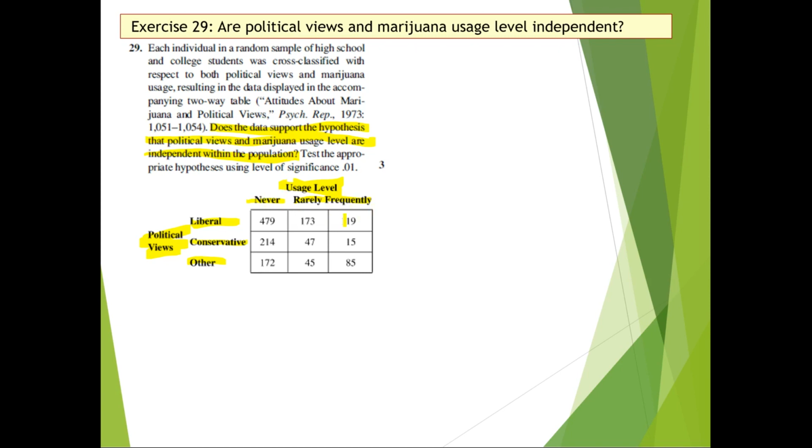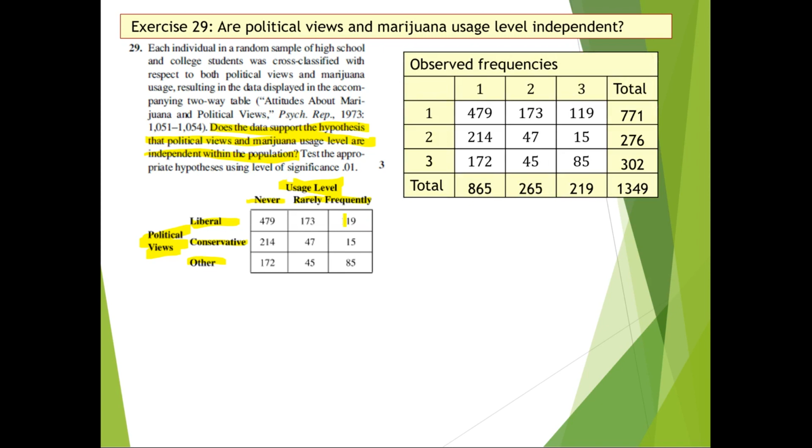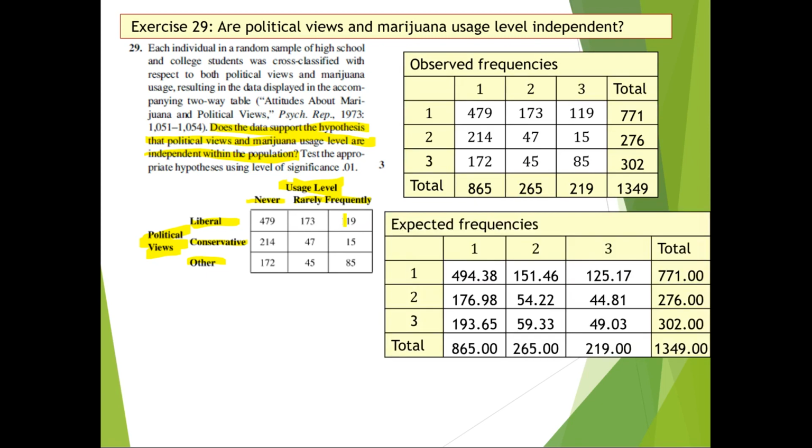So we're going to compare that to independence, under which we know exactly what to expect. So our observed frequencies, I take them as is, but I also get the totals because I know the test statistic value is dependent on these totals. My expected frequencies were obtained like that.